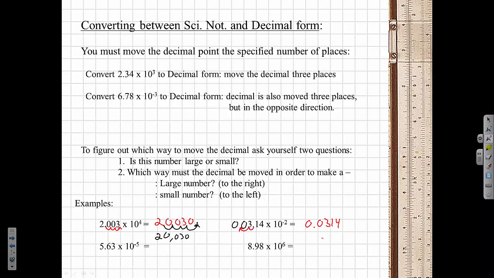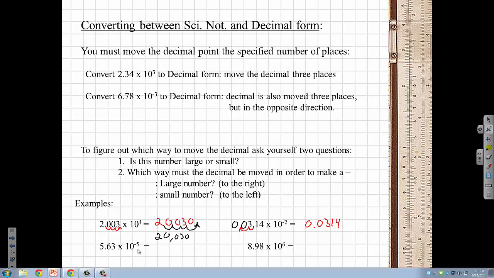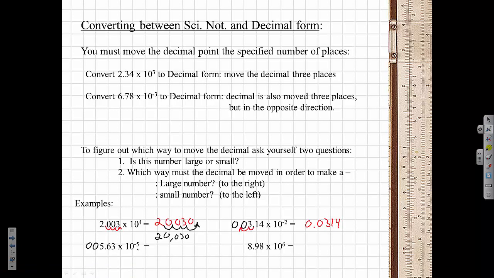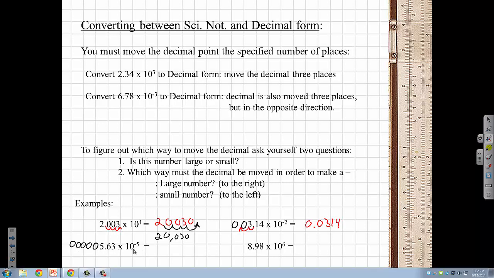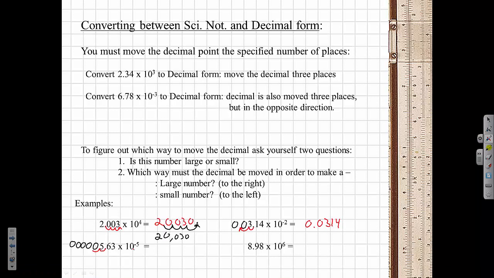Okay, so this is a fraction. It's less than 1. I have a negative exponent. Do the same thing here. Now negative 5. So we're going to have to put a bunch of zeros in here. 5 zeros. I'm going to put it 1, 2, 3, 4, 5. Why am I putting it on the left-hand side? Well, it's a negative exponent, so I'm going to go from 5 to 0.5 to 0.05 and keep going.